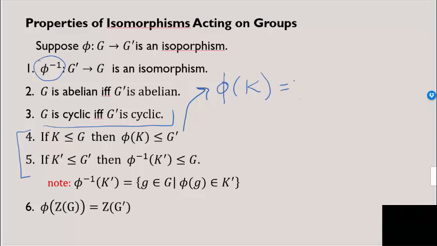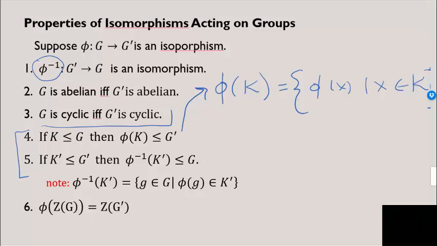This is a set, and it is the set of all phi of x's where x comes from K. So in other words, it's the image of K under the mapping phi. A good exercise for you to do would be to prove that phi of K is a subgroup of G prime.